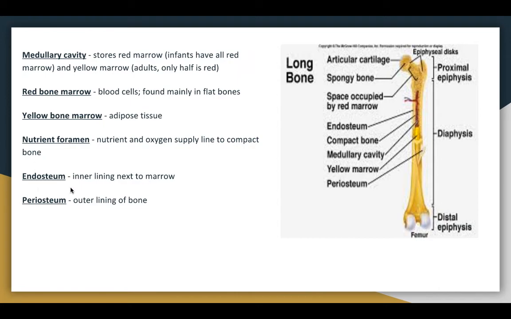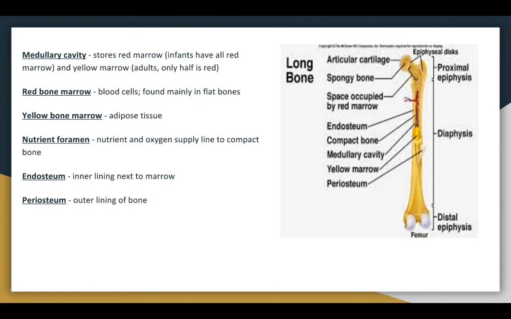And the endosteum is the inner lining next to bone marrow, and the periosteum is the outer lining of the bone. You remember when we learned about the different membranes that line organs.